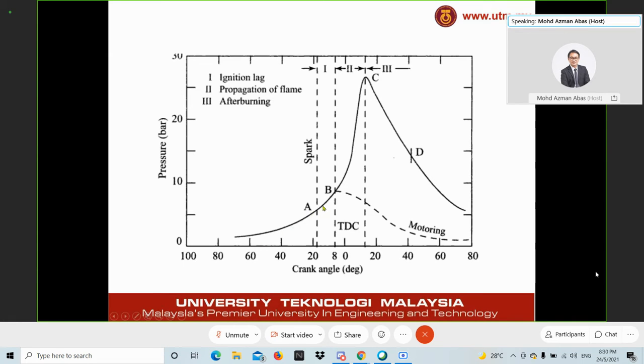But after ignition occurs at point A, the rate of pressure rise slightly increases. As it passes point B, entering the second phase, you can see the rate of pressure rise significantly increases. So we can determine this just by looking at the graph.